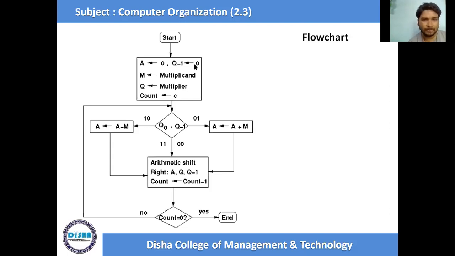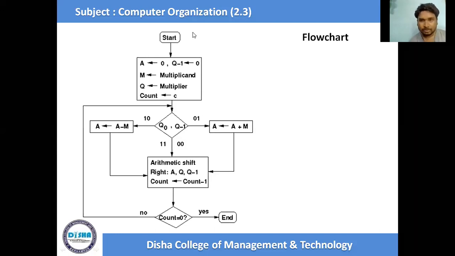Suppose we take A as the accumulator. The accumulator must be 0, because at the initial stage the accumulator is vacant, and we consider that the accumulator holds value 0.